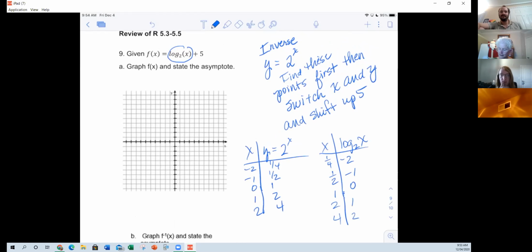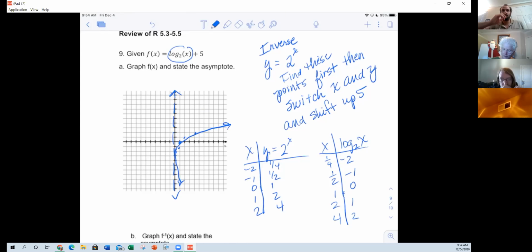I'm going to go ahead and graph that. And I know for the log without any transformations, it's always going to have a vertical asymptote at x equals 0. So it's going to look like this.